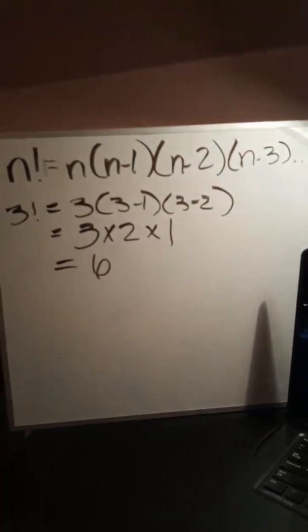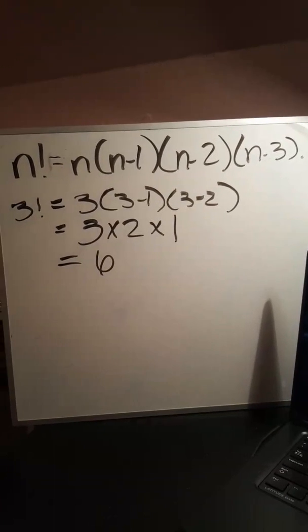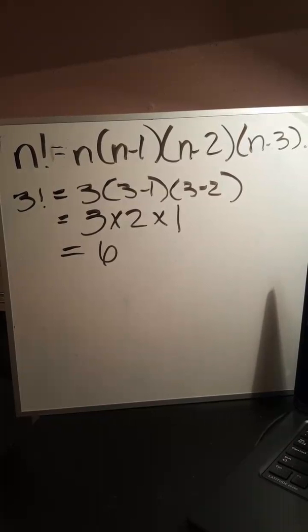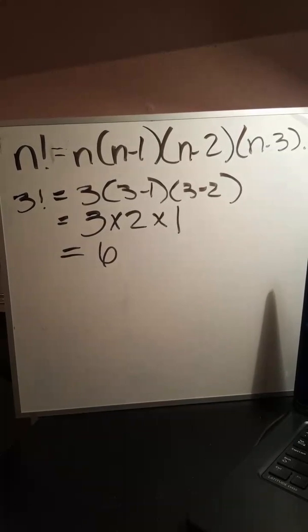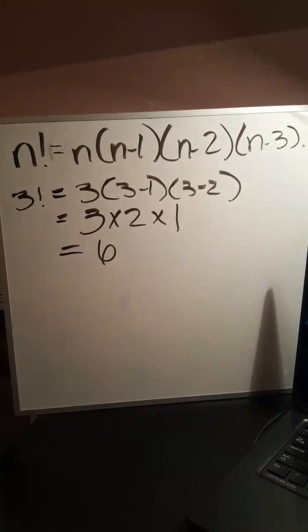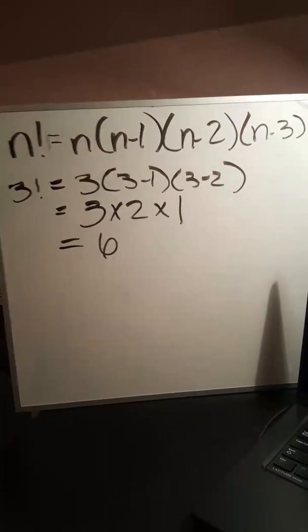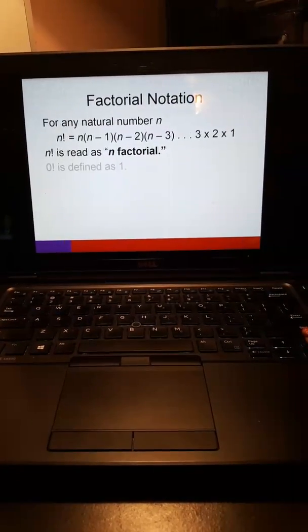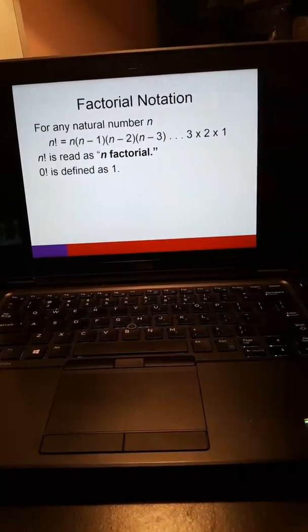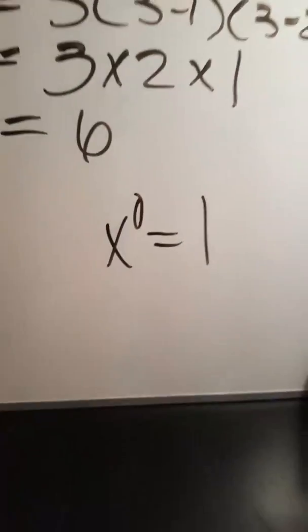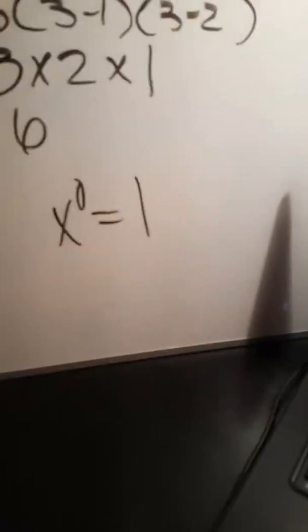So one of the key things to remember when working with factorials is that you simply see the number you're starting with and multiply it down to the number 1. I know you guys remember in algebra seeing x to the 0 power, and we know that x to the 0 power is 1.